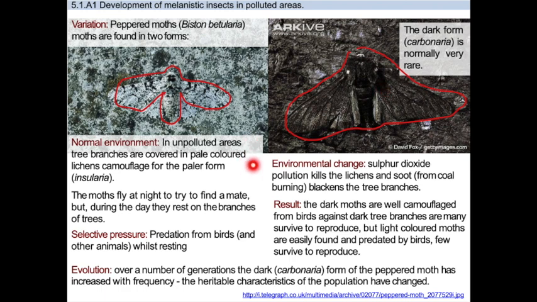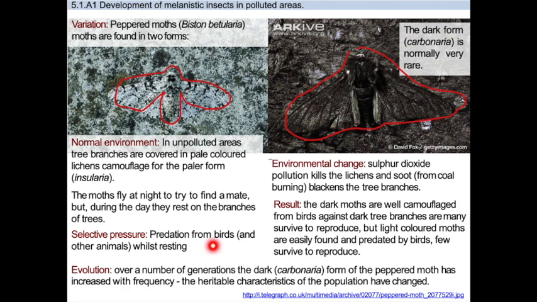In a normal, unpolluted environment, the tree branches are covered in this pale colored lichen. So when the trees are covered in this pale color, the lighter colored moth can just blend right in. At night they fly around to try to find a mate, but during the day they rest on the branches of trees and they have this great camouflage, so they're hard to find.